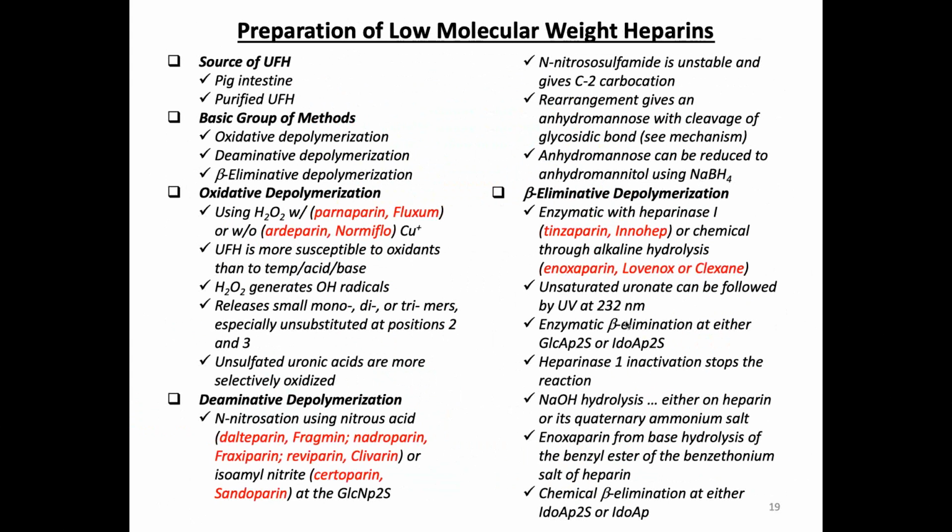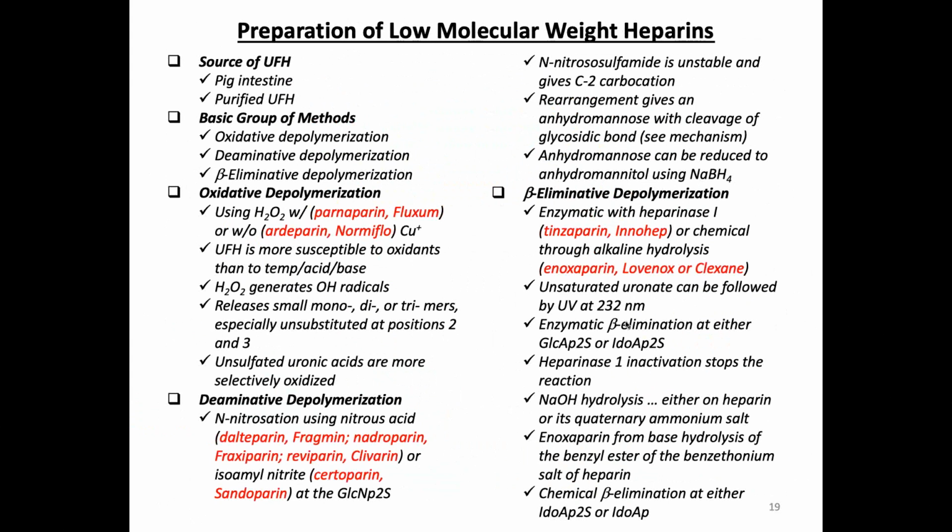Very quickly, we don't really have a whole lot of time. Deaminative depolymerization uses nitrous acid. What are the low molecular weight heparins that have been generated? Dalteparin is available in the United States. It's actually called Fragmin, or nadroparin, or reviparin. These are available in Europe.